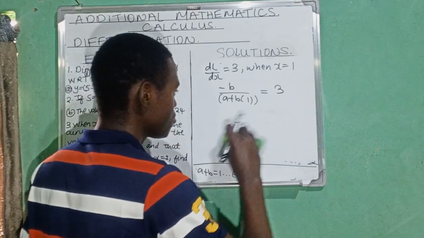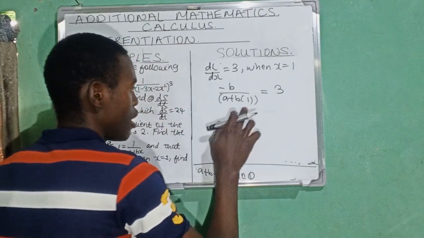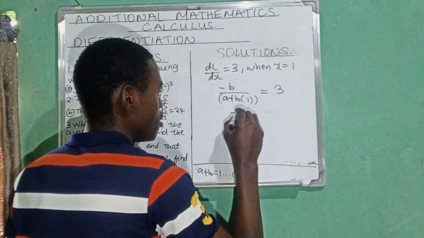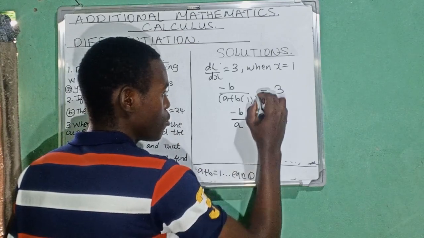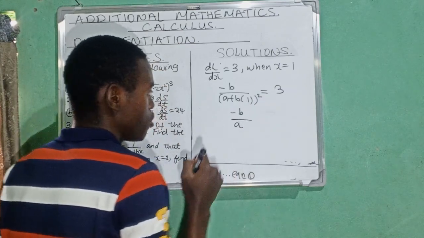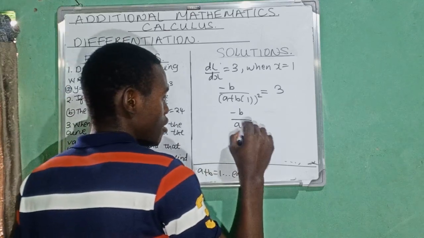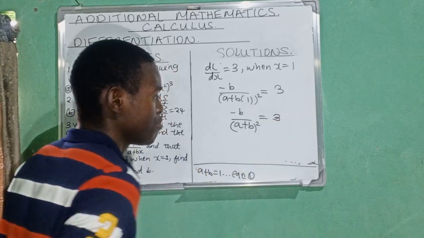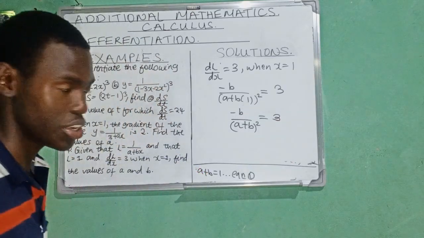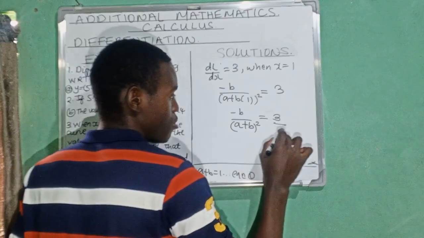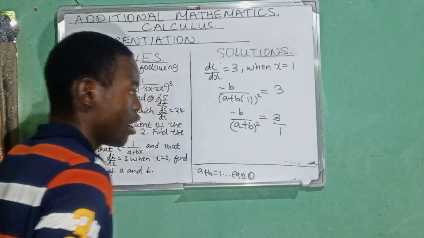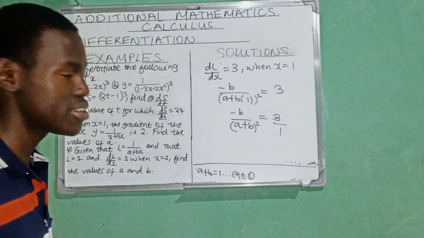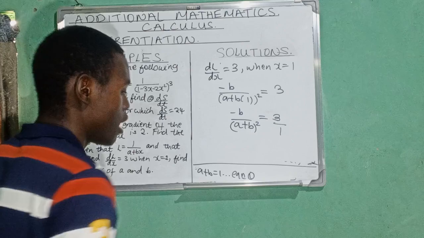Then to proceed, we'll just simplify here. It will be negative b divided by a, of course here there's a power 2, sorry. So a plus b raised to the power 2 is equal to 3. Then when we reach this stage, we can write 3 like that, we divide by 1. Why am I dividing 3 by 1? I'm setting it up so that we can now cross multiply.